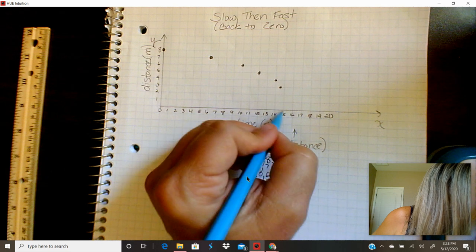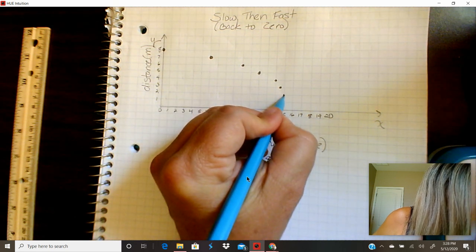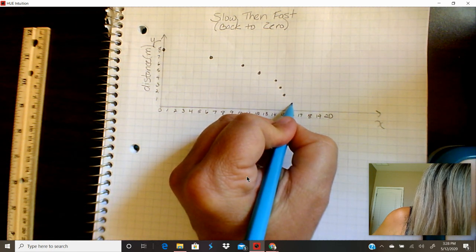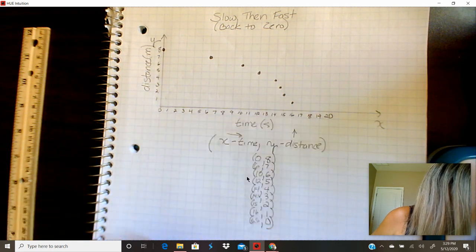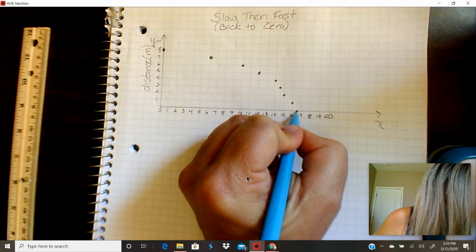When 15 seconds had passed, I was at the 2 meter card. When 16 seconds had passed, I was at the 1 meter card, and when 16.5 seconds had passed, I was back at 0.